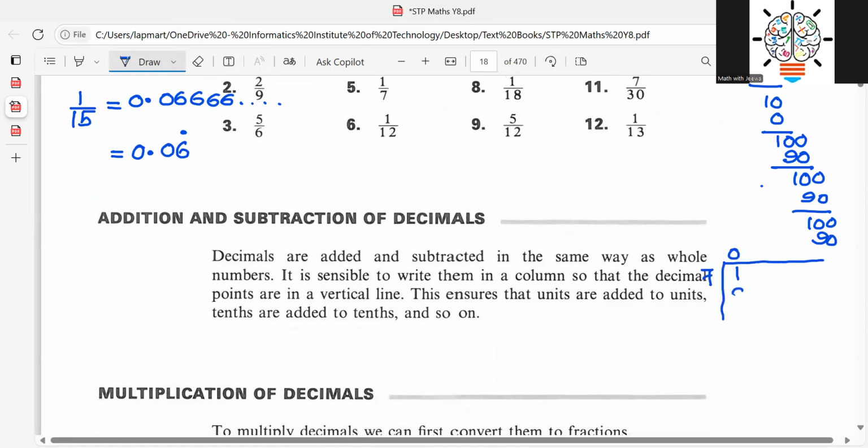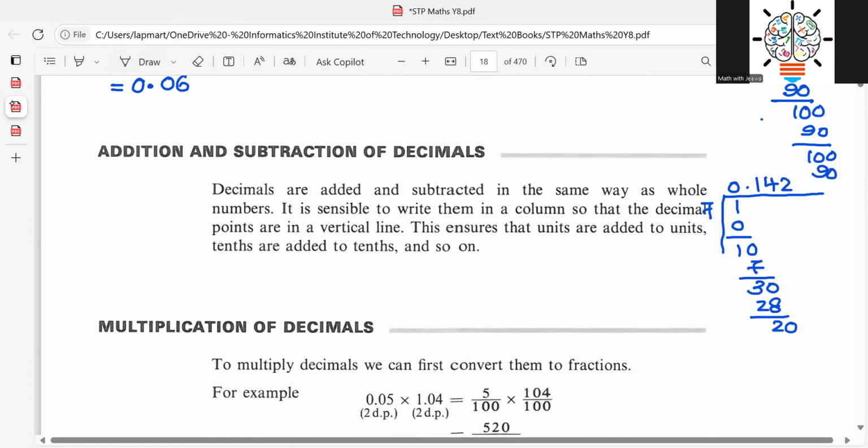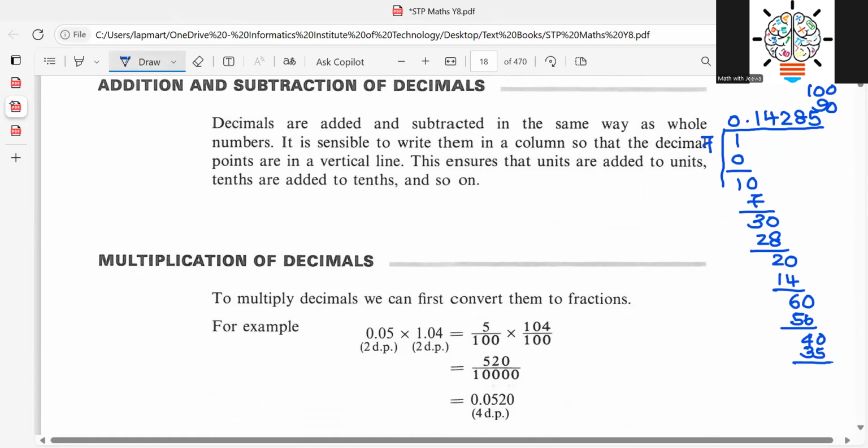So 0, 0, then 10, 1, and 7. Then you have 30, 7 times 4, 28, then 20, 7 times 2, 14, then 40, 7 times 5, 35, then 60, 7 times 8, 56, then 40, 7 times 5, 35, then 50, 7 times 7, 49.